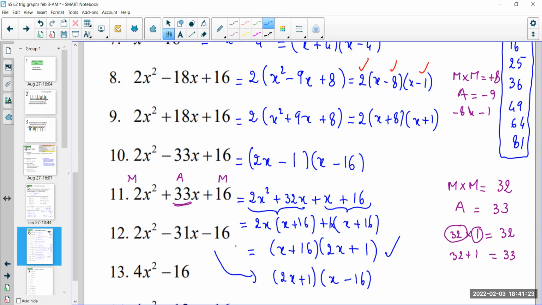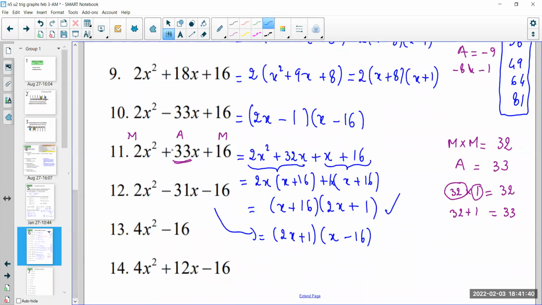Negative 16, negative 32 plus 1, which is negative 31. So if I had used MAM, I would have done it properly without guessing this one and this one.